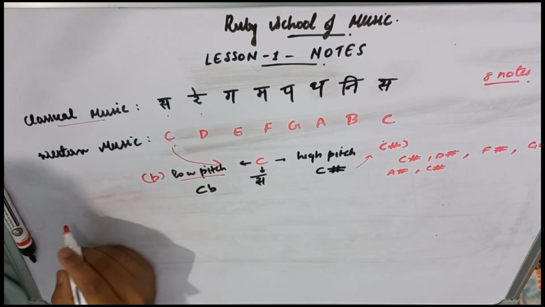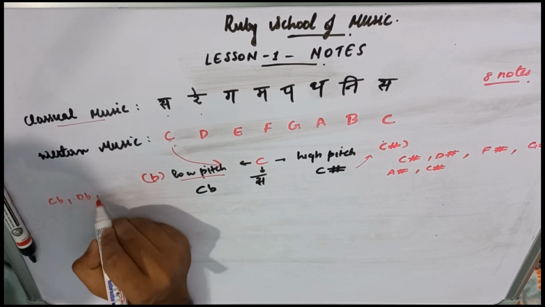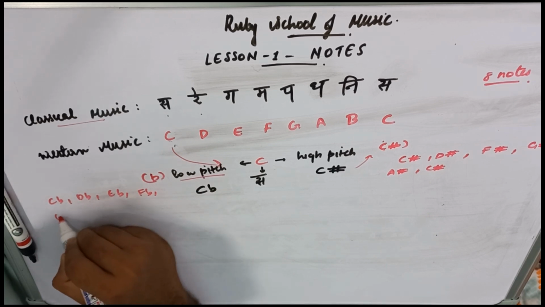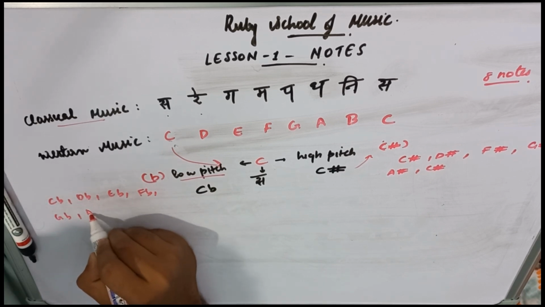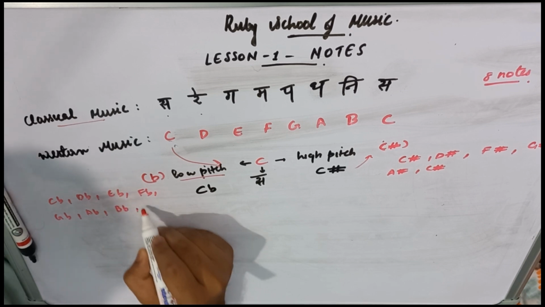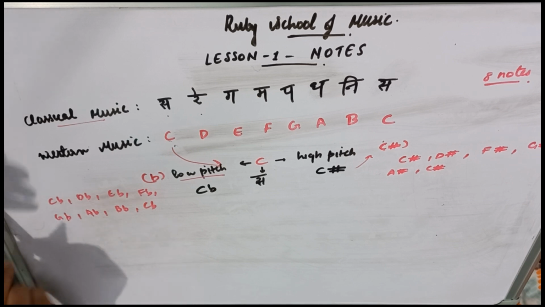So how do you represent the flats? C flat, D flat, E flat, F flat, G flat, A flat, B flat, and C flat. This is how you represent this.